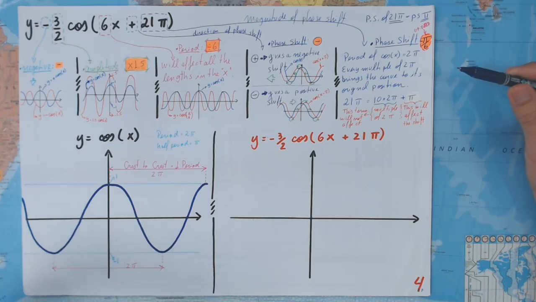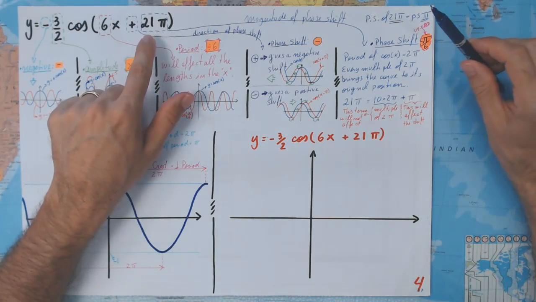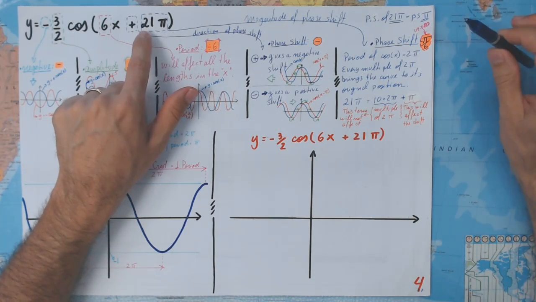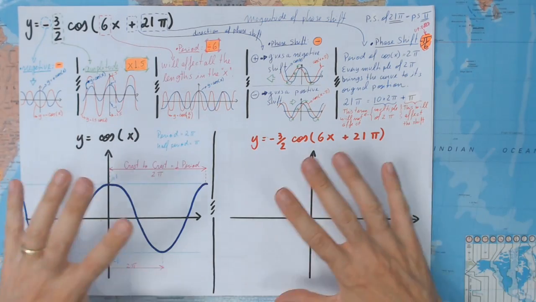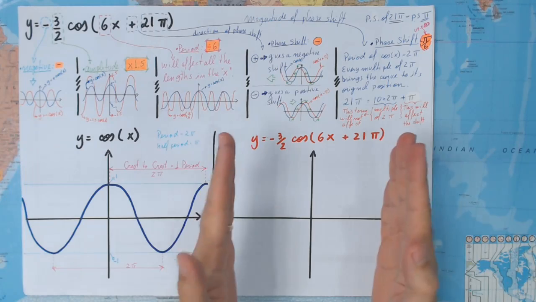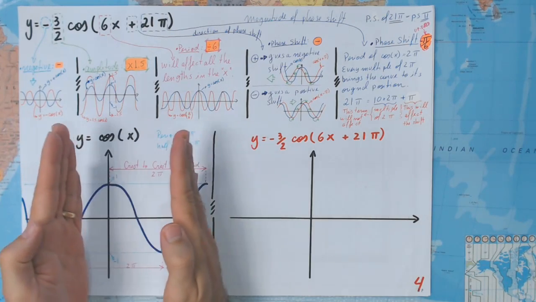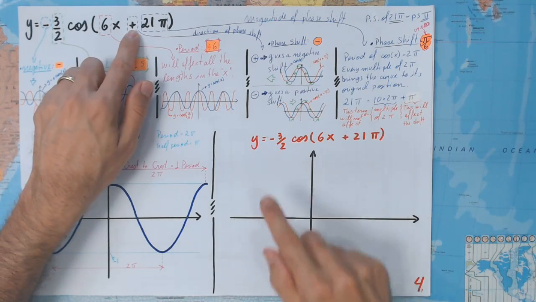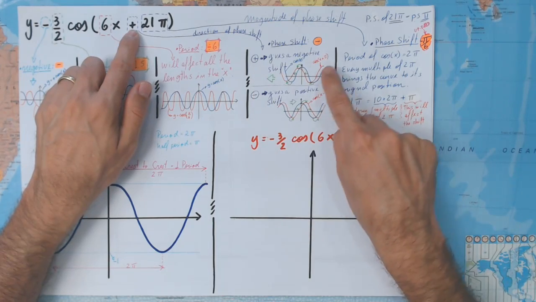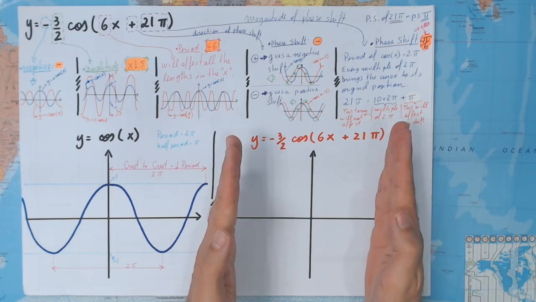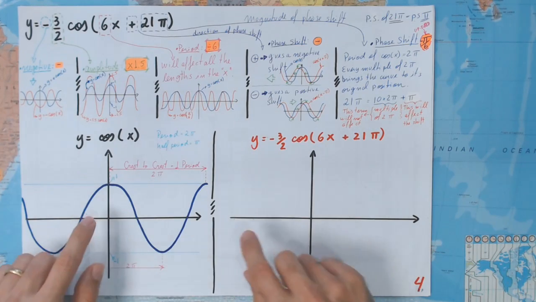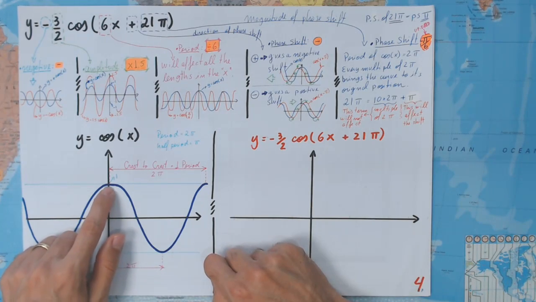So, something also important here. When we are discussing phase shifts, we have to understand that we are doing two things in here. One thing, it is making a phase shift to the left because it's a positive, okay? Positive phase shift to the left. So we are taking our chart to the left, meaning we are going to bring that crest to the left.